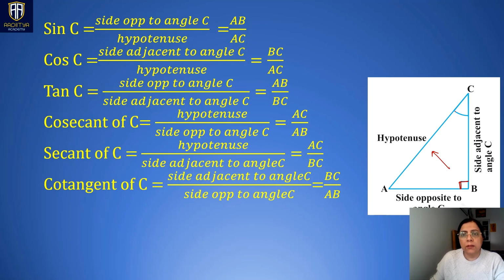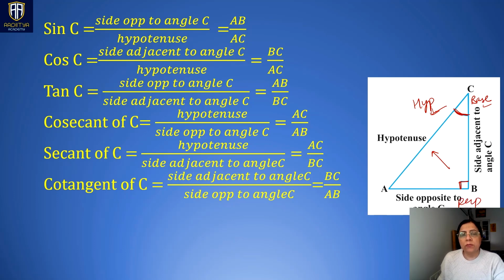Now if we are considering angle C for the ratios, BC is the side adjacent to angle C. Apart from the hypotenuse, this angle C is enclosed between the hypotenuse and BC. So BC is the adjacent side, or otherwise you can mark this as hypotenuse and this as base. So this side automatically becomes the perpendicular.